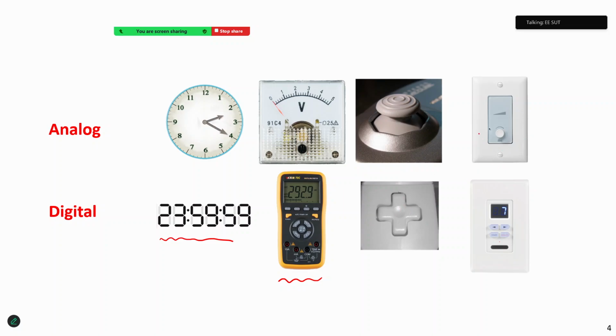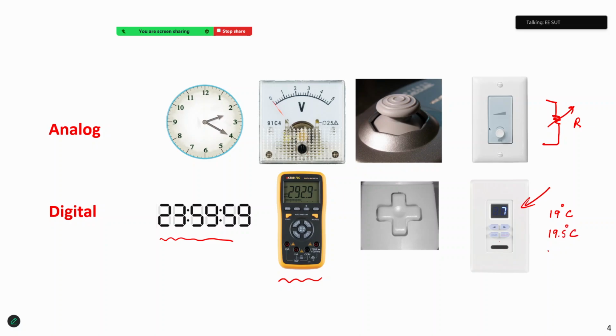And even in the air conditioning system, right? Previously we used analog control, like a variable resistor, right? And nowadays we can have it in digital form, right? If you use the remote control for your air conditioning, for example, you can set 19 degrees Celsius and maybe 19.5 degrees Celsius.